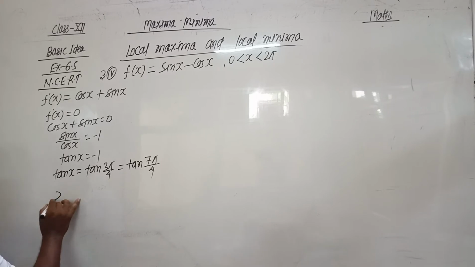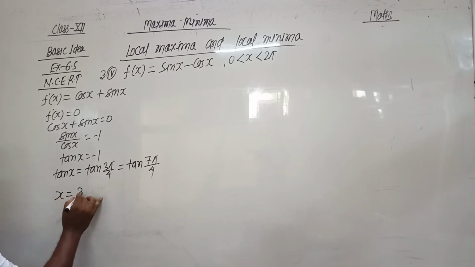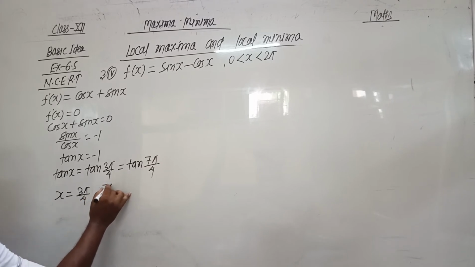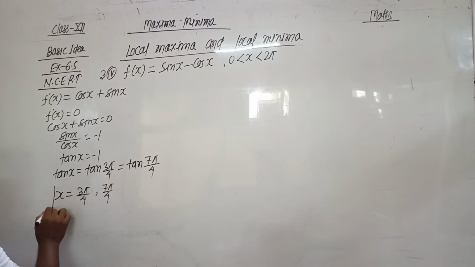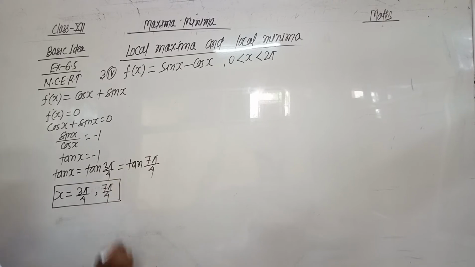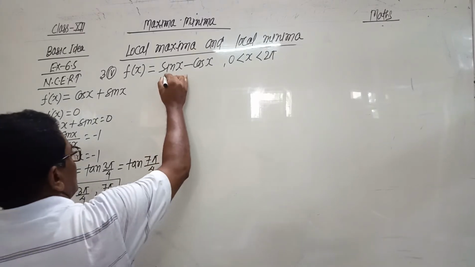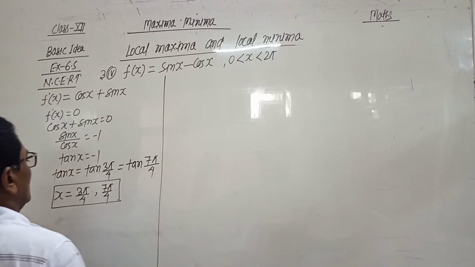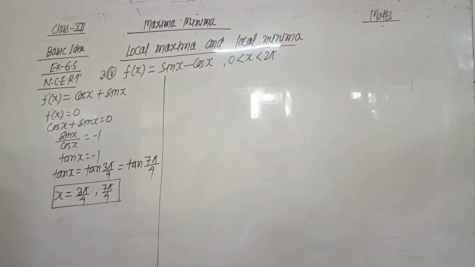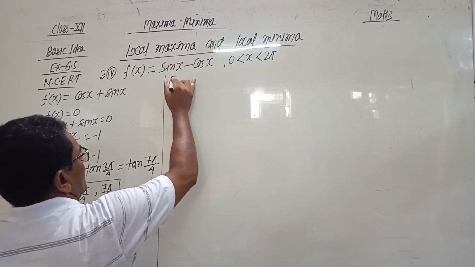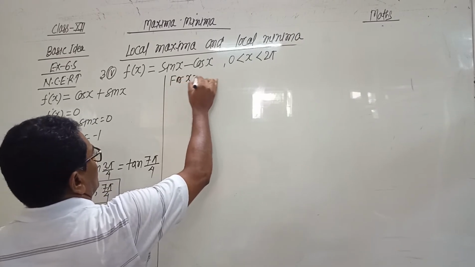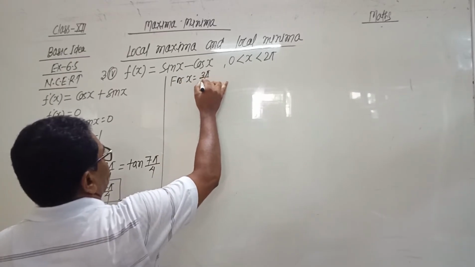So we get two values in the given interval, x equals 3 pi by 4 and x equals 7 pi by 4. Now we check the local maxima or minima at these two points. So for x equals 3 pi by 4.